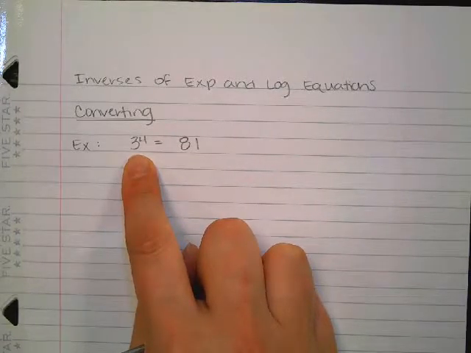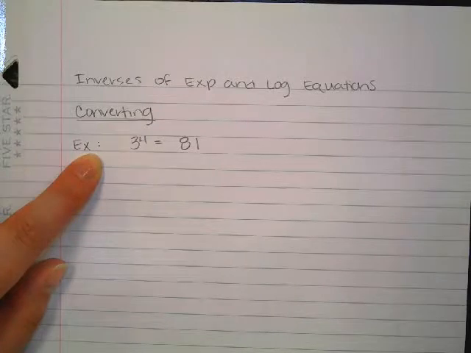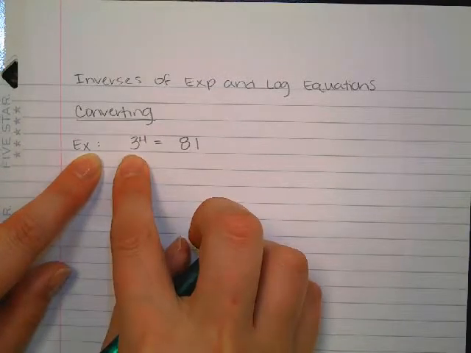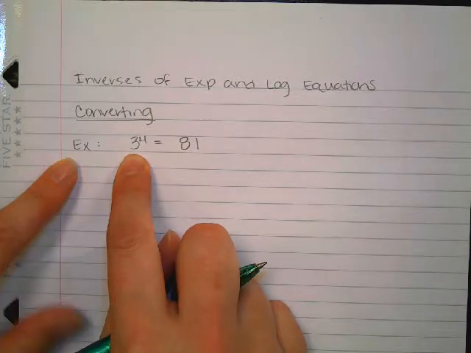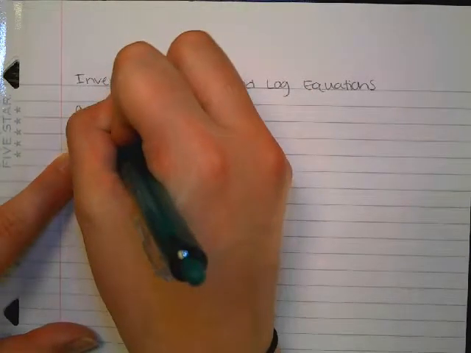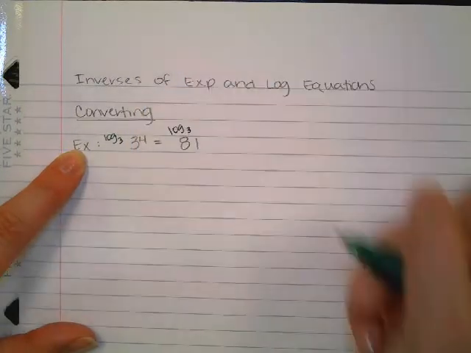Those are operations that undo each other. So if I want to convert this into the other form, I'm going to do that opposite operation. The opposite operation of an exponential function with a base of 3 is a log with a base of 3. So I'm going to log base 3 the left side, and log base 3 the right side.